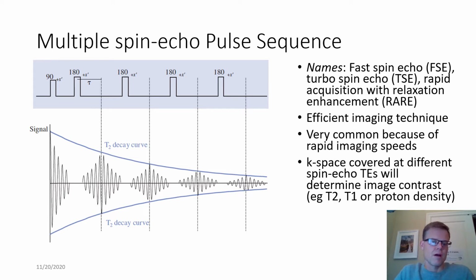They have a lot of signal to noise and provide very rapid imaging. The main unique part about these sequences is that K-space is covered at these different echo times. This will both affect the image quality and determine the image contrast, as we'll cover.